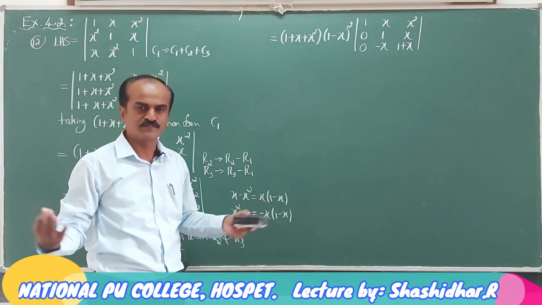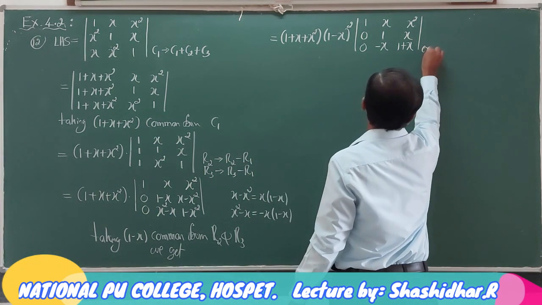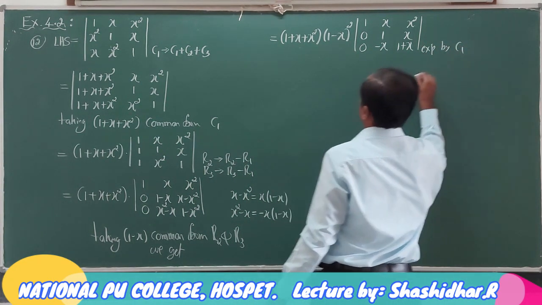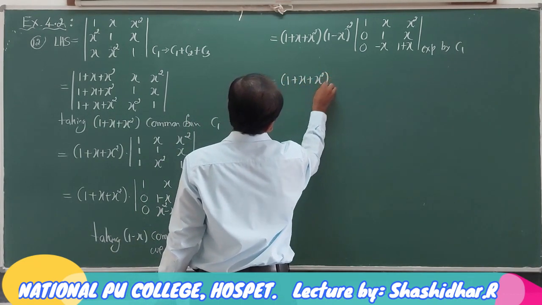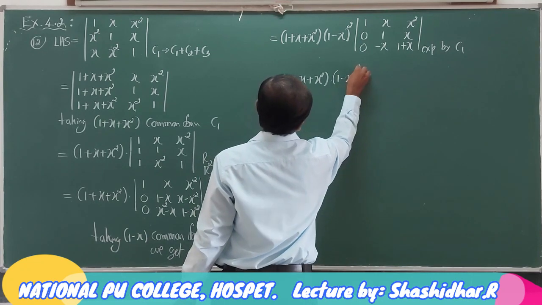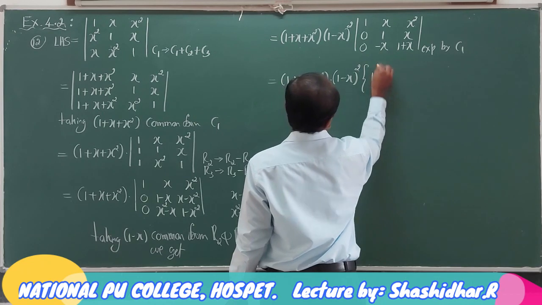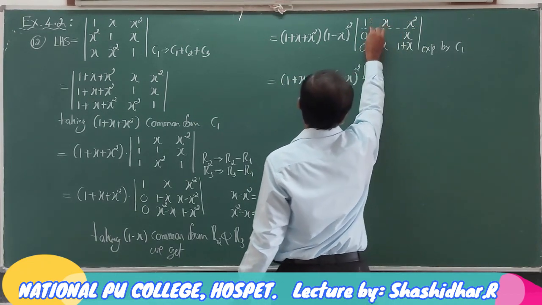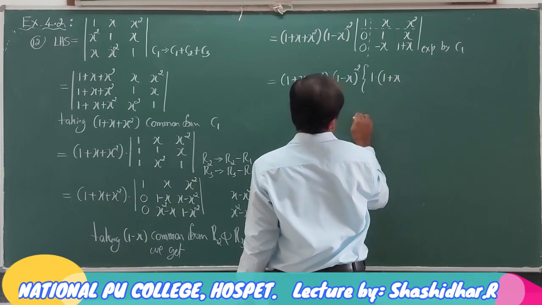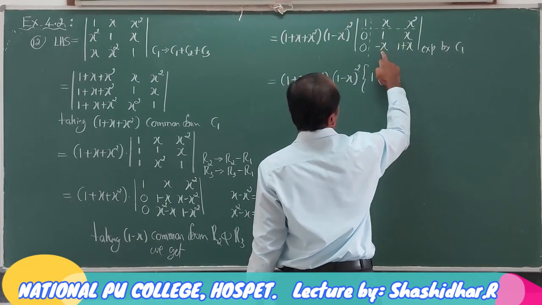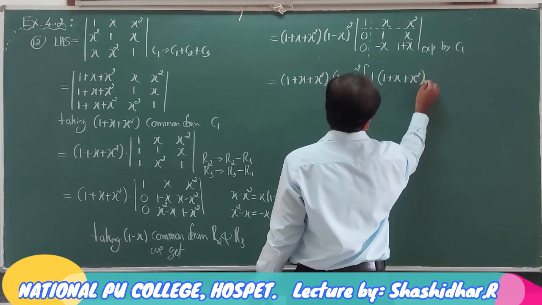What next? You just expand, because 2 zeros are already accumulated in column 1. So, write expanding by C1. It is 1 plus x square into 1 minus x whole square into, I am expanding by C1, 1 into, leave first row, first column, it is 1 into 1 plus x. 1 plus x minus of minus x into x minus x square minus of minus plus x square.